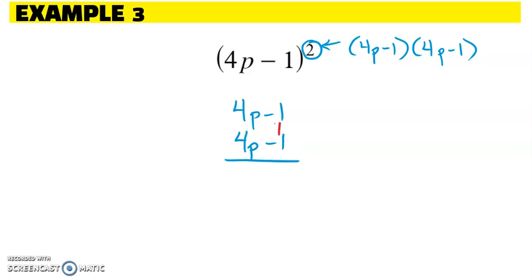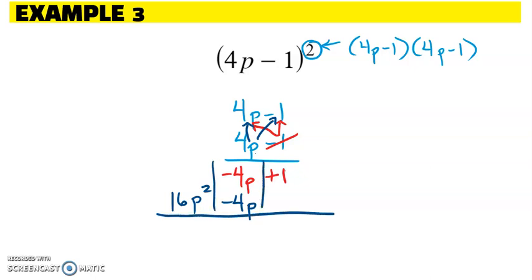Okay, -1 times -1, mind the signs, is positive 1. -1 times 4p is -4p, done with -1. 4p times -1 is -4p, line up the p's. 4p times 4p, 4 times 4 is 16, p times p is p squared.